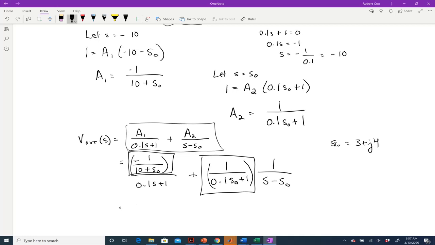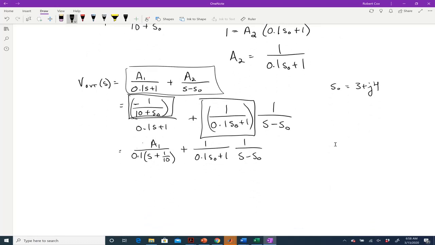So let me just be careful with the one on the left here, and say 0.1 s plus 1 over 10, a1 plus the 1 over 0.1 s naught plus 1 times 1 over s minus s naught.